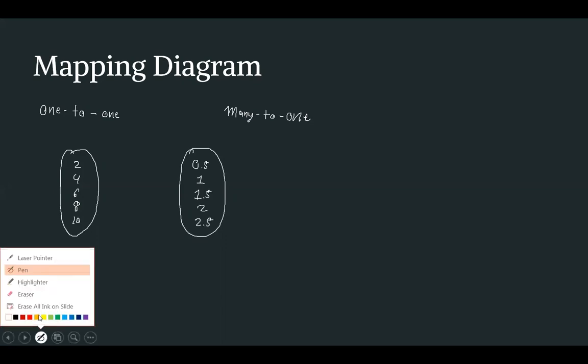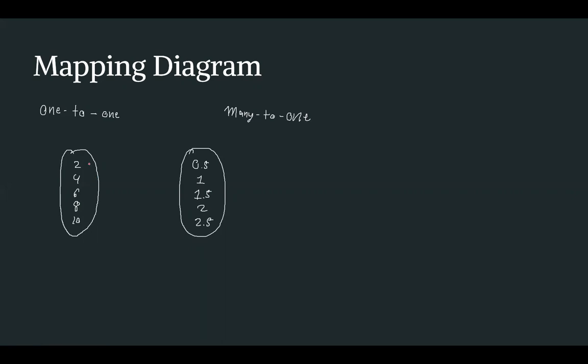So let's just say I have a given example. Let's say I match 2 to 1, I match 4 to 0.5, I match 6 to 2, I match 8 to 2.5, and I match 10 to 1.5.